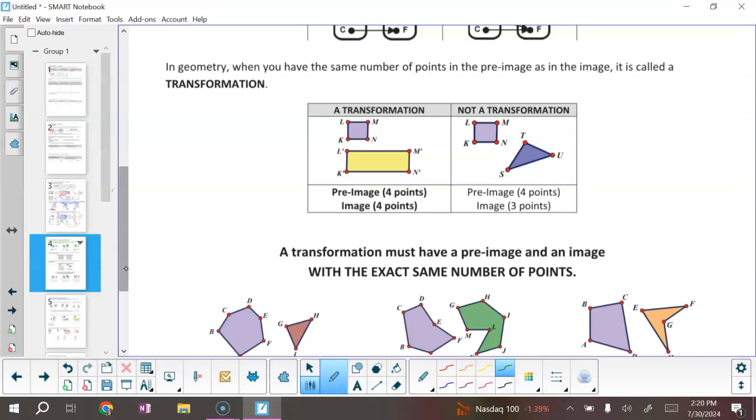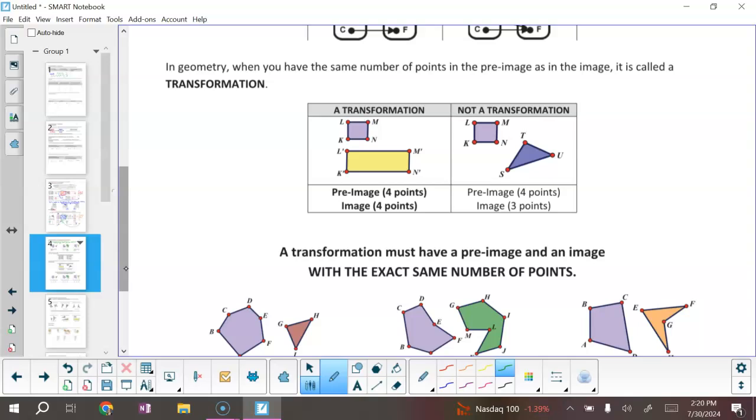That's one-to-one because each letter could go to another letter on the second triangle. But when we're thinking about it in geometry, we actually call that a transformation, because what that means is I took the original triangle and maybe I just moved it around a little bit. I maybe made it a little bit bigger or a little bit smaller. But when it matches up with the second triangle, everything has a place to go to and it all has a point to share with.